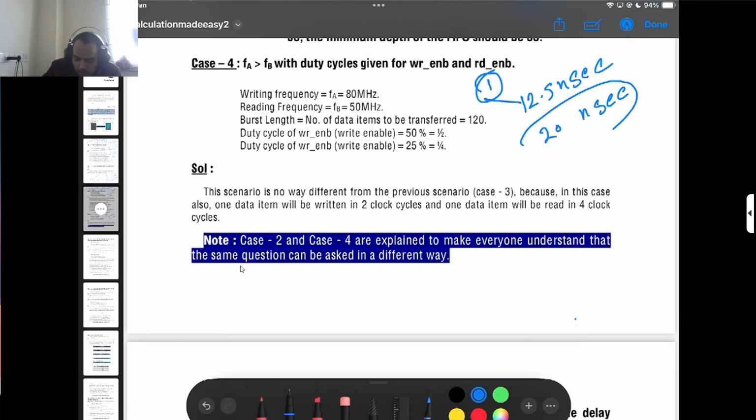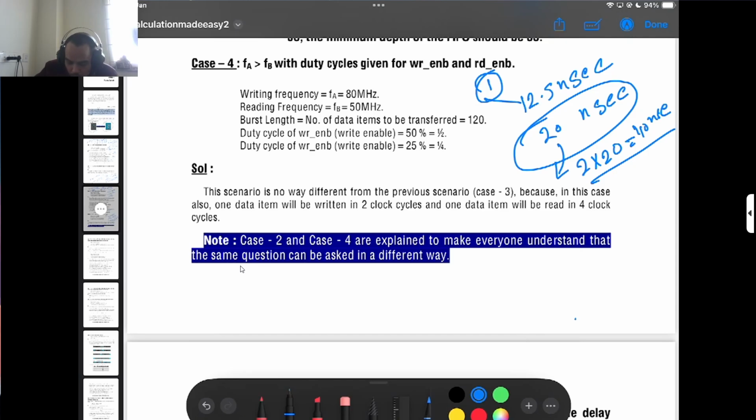But the problem is here: my cycle is 20 nanosecond, but my duty cycle does not match the write enable signal. So my total time required will be 2 into 20, that is 40 nanosecond.